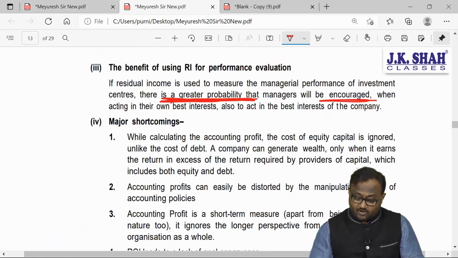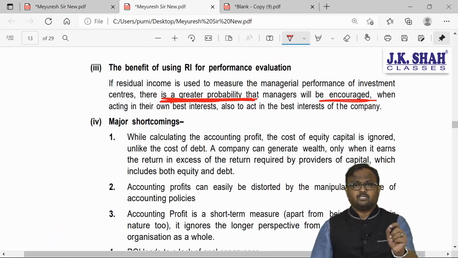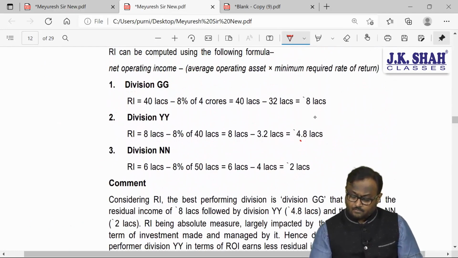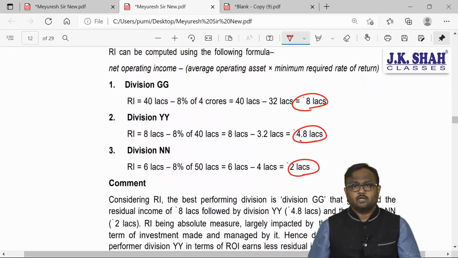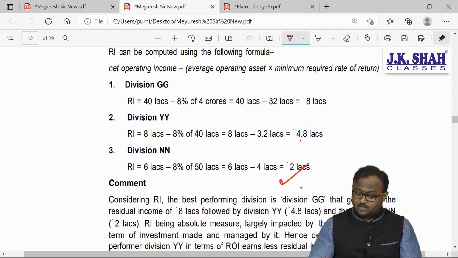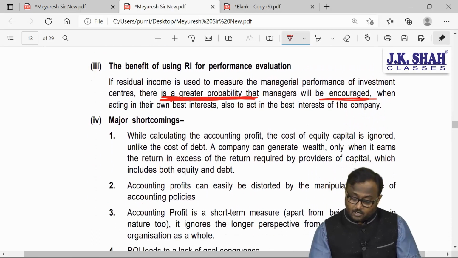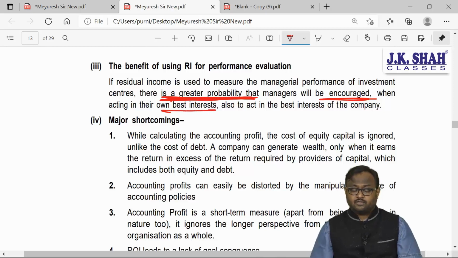So that is the only advantage we have. So if it is in absolute terms, all managers will be very clear about their responsibility, all managers will be clear about their performances. Now that is possible when you go for residual income. So there is a chance that your managers will be encouraged because they are acting in their own best interest.